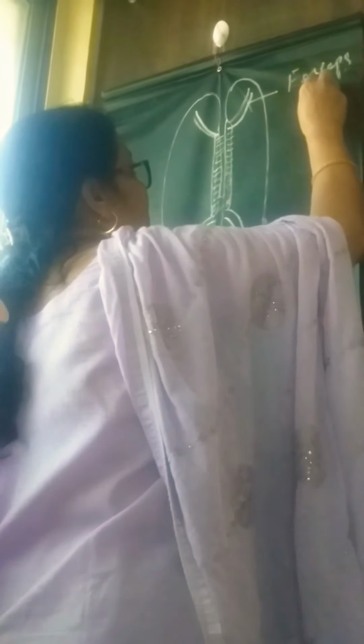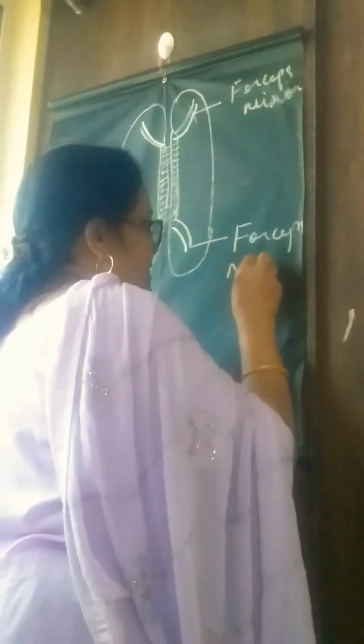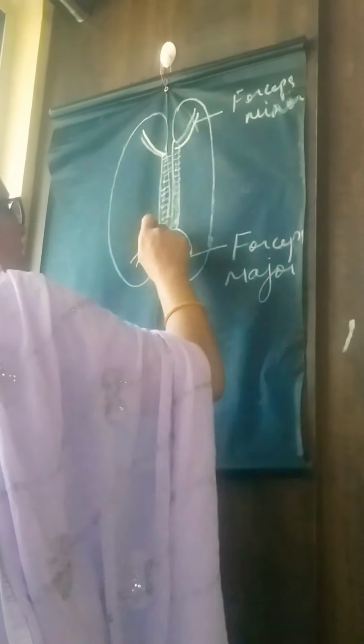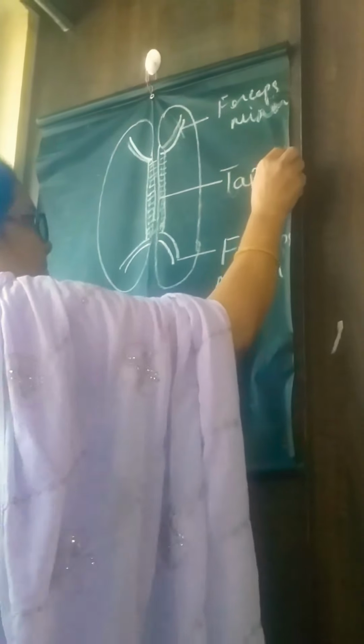These anterior fibers are called forceps minor. The posterior fibers are called forceps major. And the middle part, from the anterior to the posterior part, this is the tapetum.